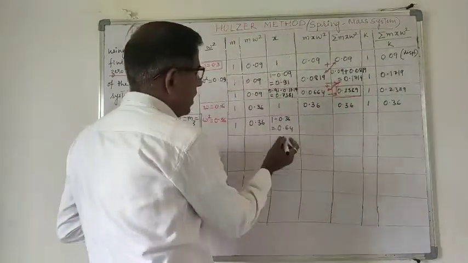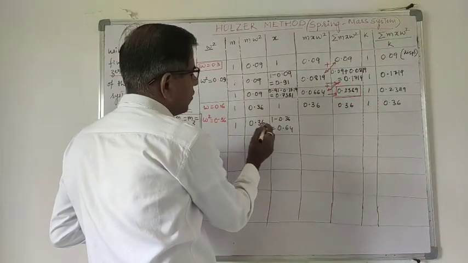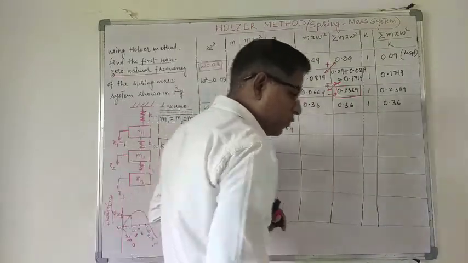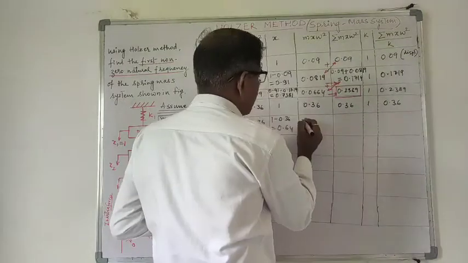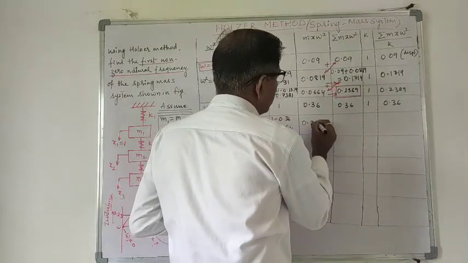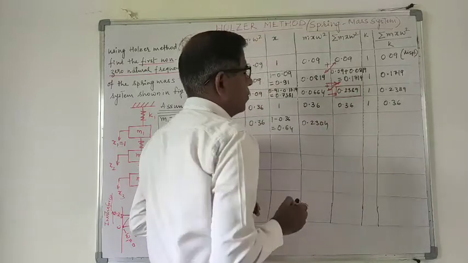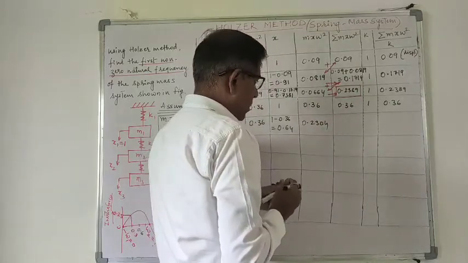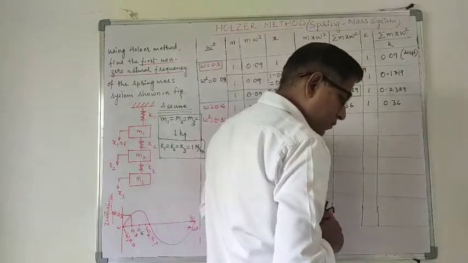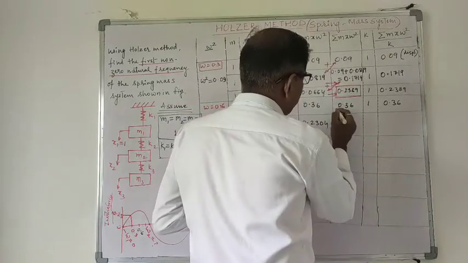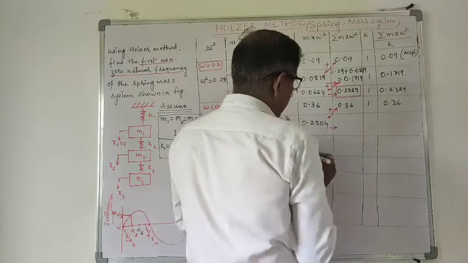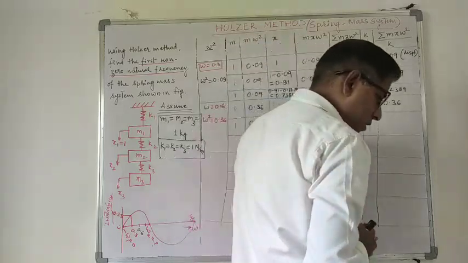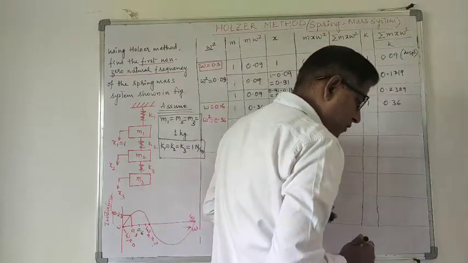Yes, and the multiplication of 0.36 into 0.64 is 0.2304. If you add these two values and write down over here, the answer would be 0.5904.